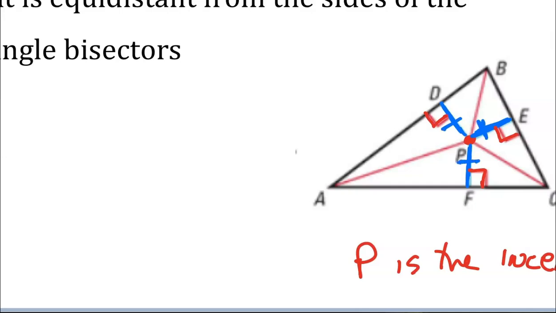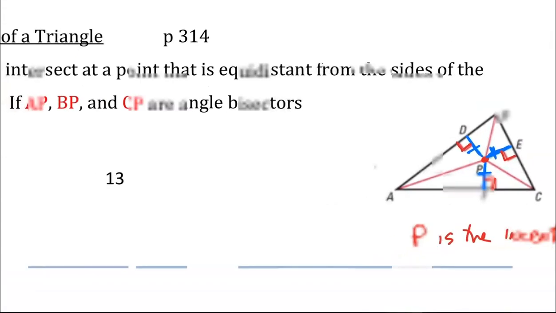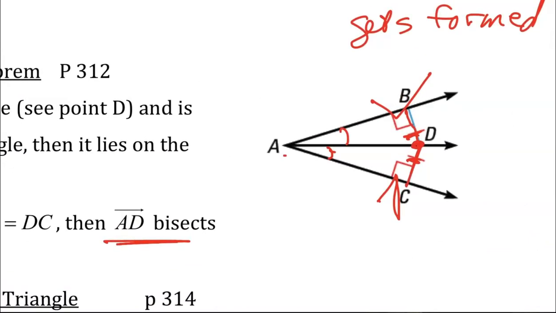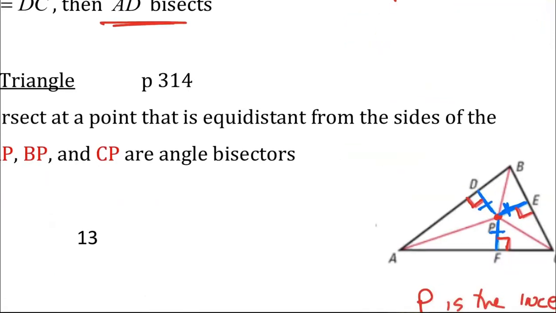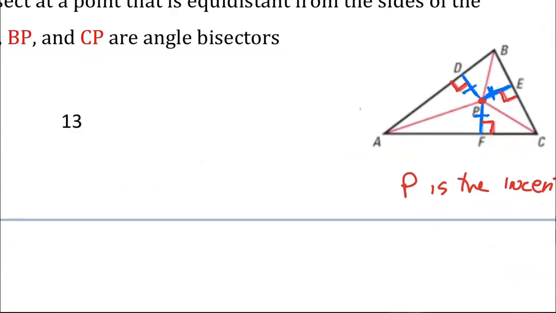So that's what happens when you deal with all three. When you deal with one angle bisector, this is what happens. So one angle bisector, three in a triangle.